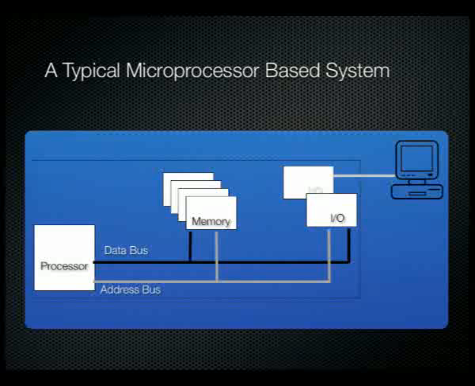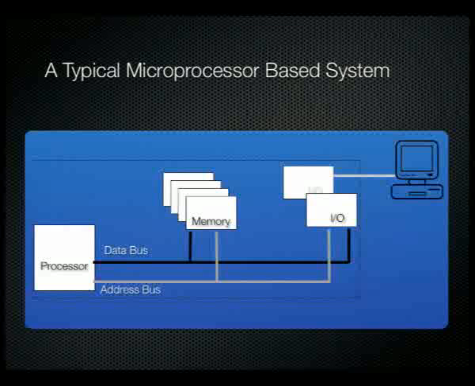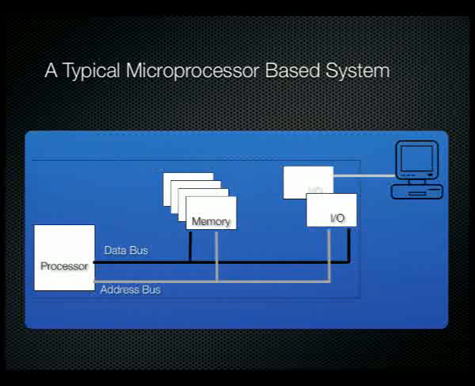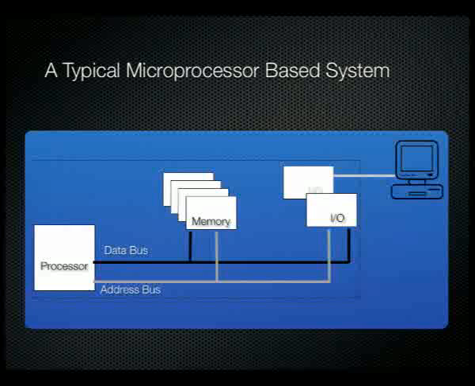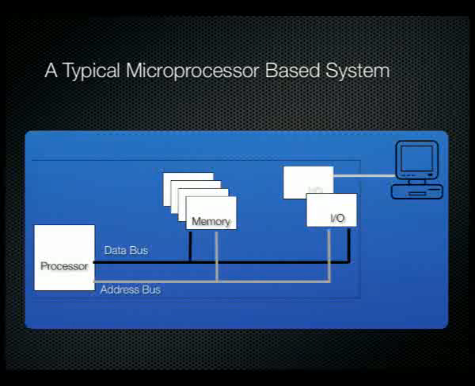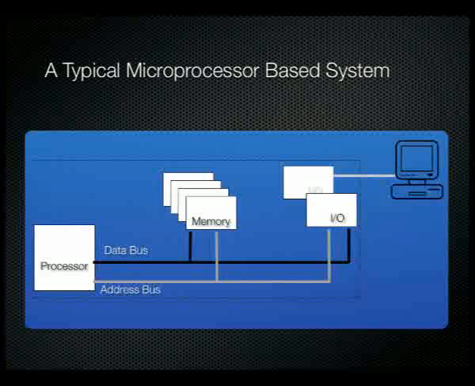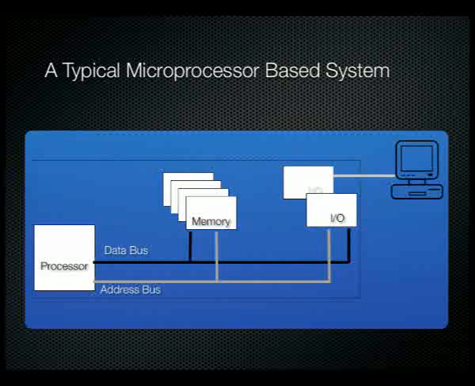An address will go along the address bus, and depending on that value, it will turn on either a chunk of memory or an I/O device, and so forth. So it's the address on the address bus that defines a particular component to become active, and therefore whatever data is pumped down the data bus goes to that particular component that's active as a result of the address on the address bus.